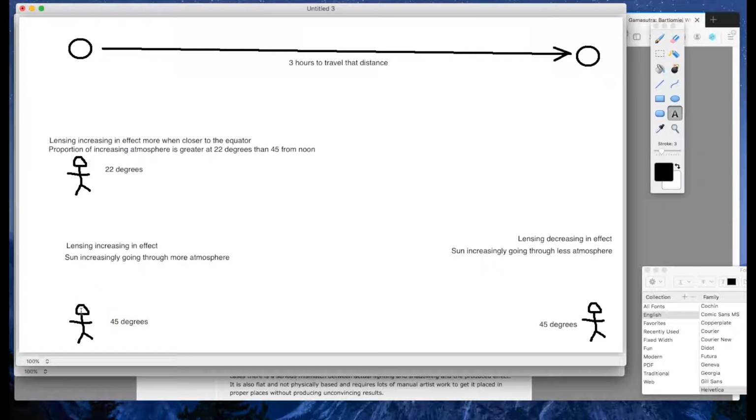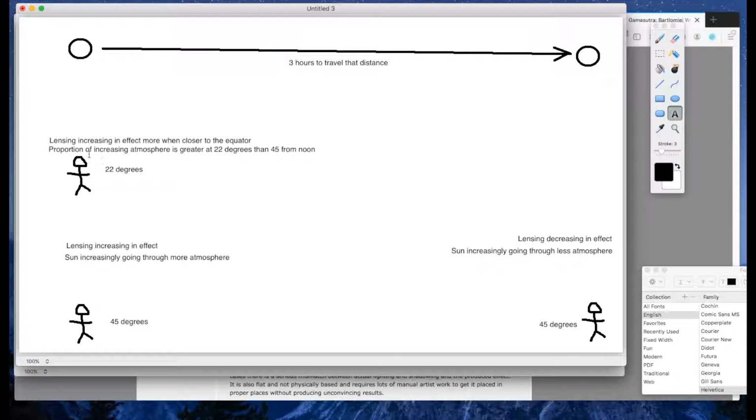If this person was, let's say, 100 million miles away, then the distance from here to here in 3 hours would not be that much. You can think of it this way. The ratio of this distance from the sun to the observer at local solar noon to the distance of the sun at 3 o'clock in the afternoon to the observer is going to be different than the ratio of the sun to this observer at a different latitude when the sun is in the same position.